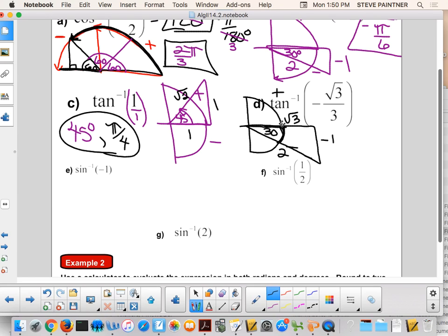Is tangent of this angle negative 1 over square root of 3? Yeah, I just did it right here, guys. So, yeah, it works. It's negative 30, which ends up being negative pi over 6. Okay.